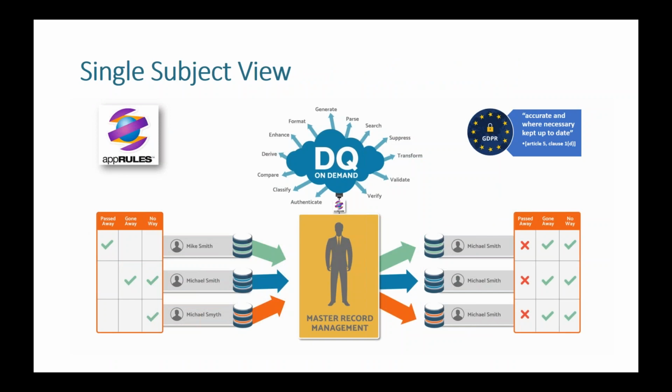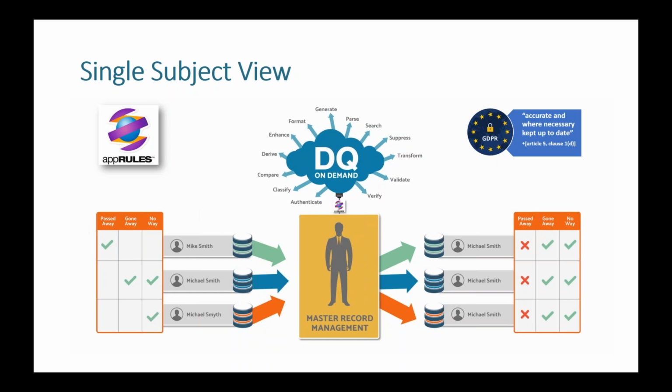So the story gets a bit wider now. We're now looking at multiple databases where the data subjects that could have been in our 3 databases on the left, the same Mike Smith, Michael Smith, and Michael Smythe, in their data sets, one we believed had passed away, one we believed had actually moved, i.e. had gone away, and the other 2 we had said was no way. They did not want to be marketed to, or they did not give our consent to various activities.